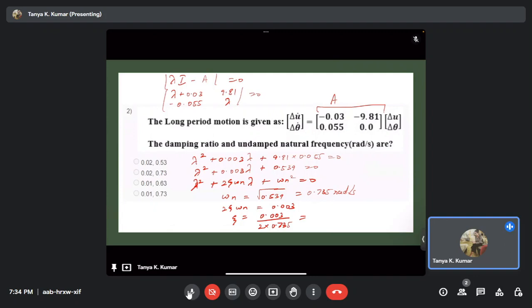I'm getting something around 0.02, right? Okay, so it is 0.02 and 0.73. This is the answer. Let's move on to the next question.